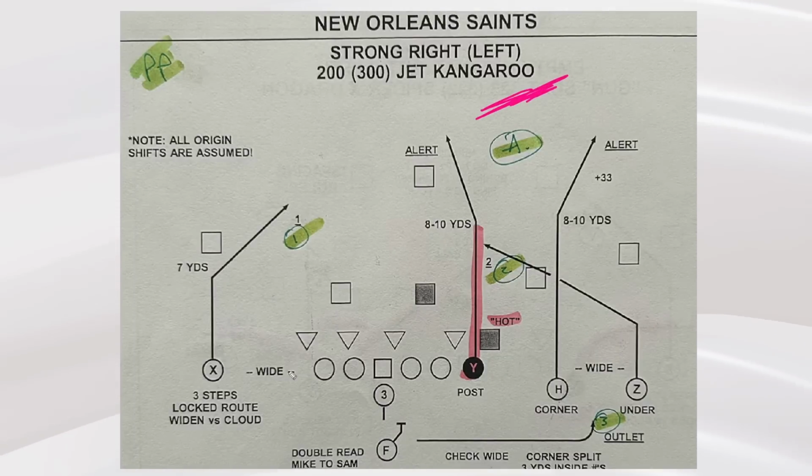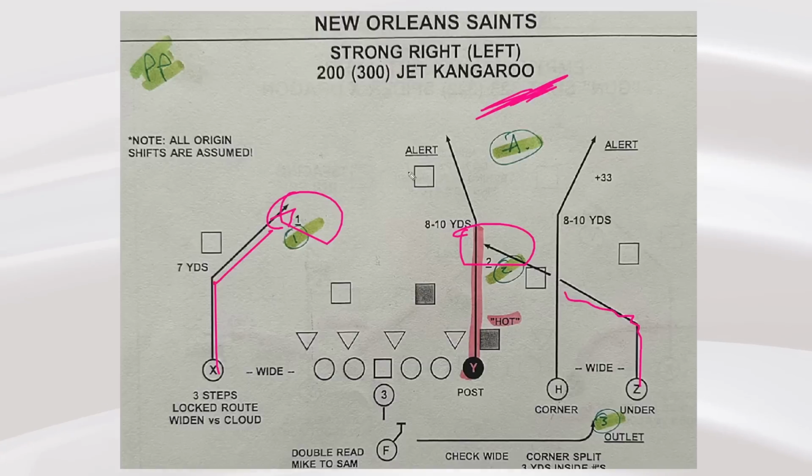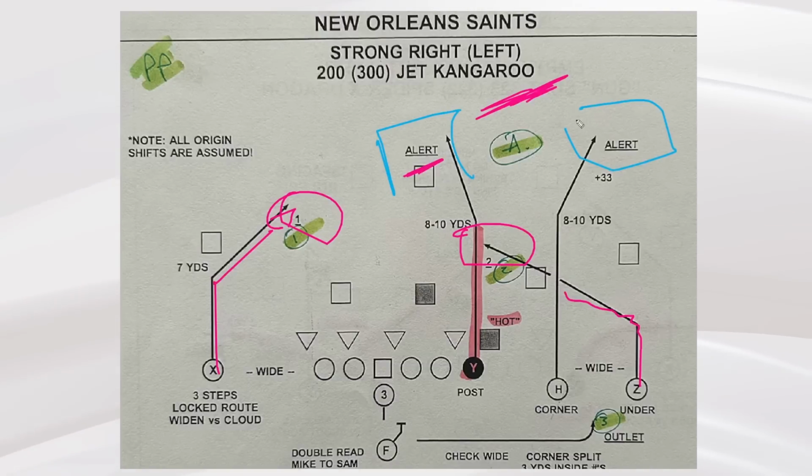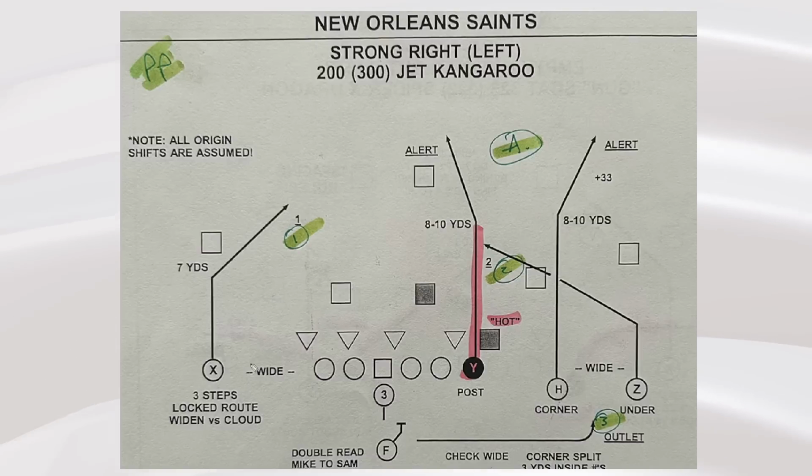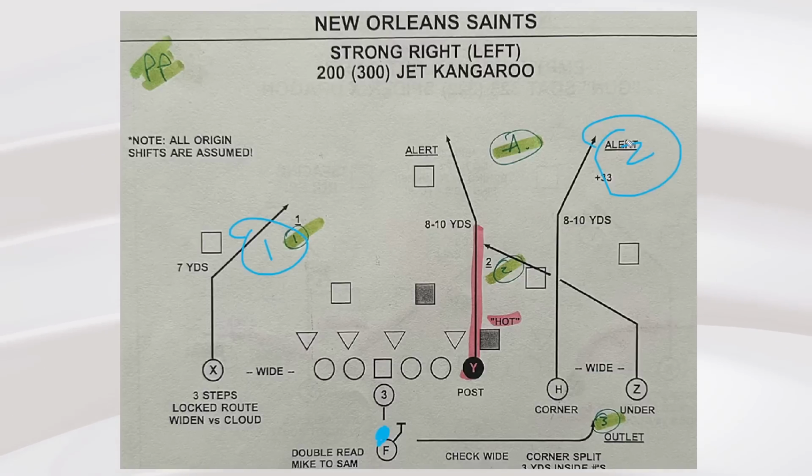All right, here's the old Kangaroo play from me back in the day with the Saints. This is Mike McCarthy stuff. Again, you can see the kind of full field element of this. We've got the slant as the 1. We've got the under as the 2. And back in the day, this terminology was kind of alert for these down the field opportunities. And again, I don't think I can overstate how difficult it is to go back foot, slant 1, back across to a corner, essentially 2, with this alert based on the guy just popping with your eyes.